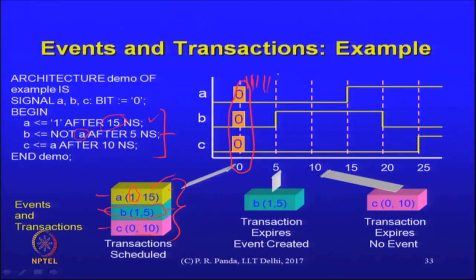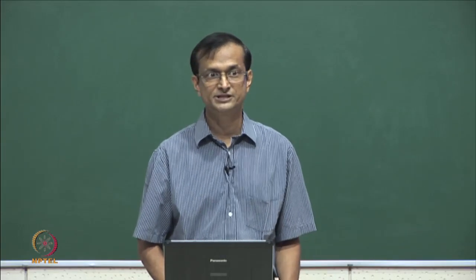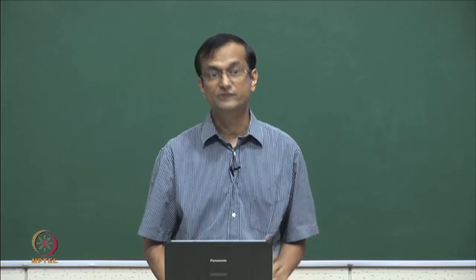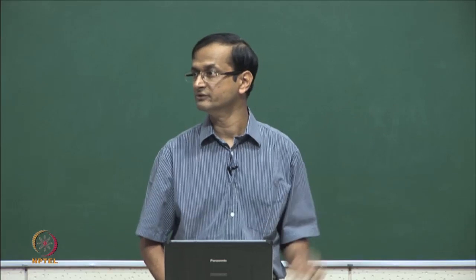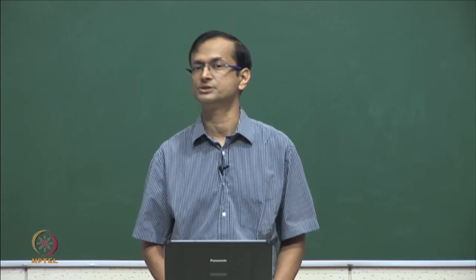So, if it was not nanoseconds, but these values were seconds, would the simulation be faster or slower? No difference, because the speed of the simulator's working is a function of what? It is a function of what transactions we are putting into the event queue. That is what would be called an event queue, and you pick up transactions from the event queue and process them.